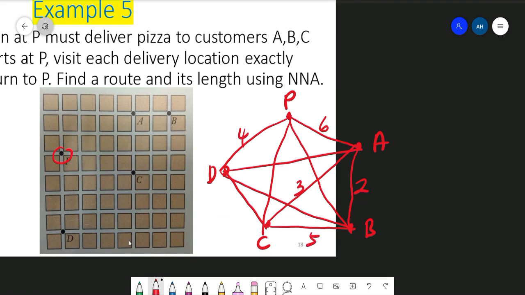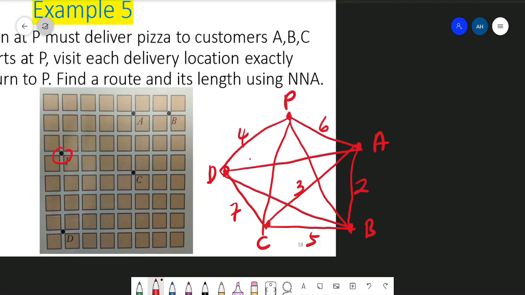D to C, we don't have yet. D to C, 1, 2, 3, 4, 5, 6, 7. D to C, 7. A to D, 1, 2, 3, 4, 5, 6, 7, 8, 9, 10.